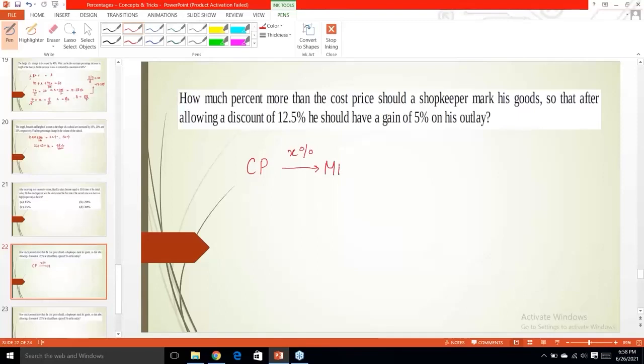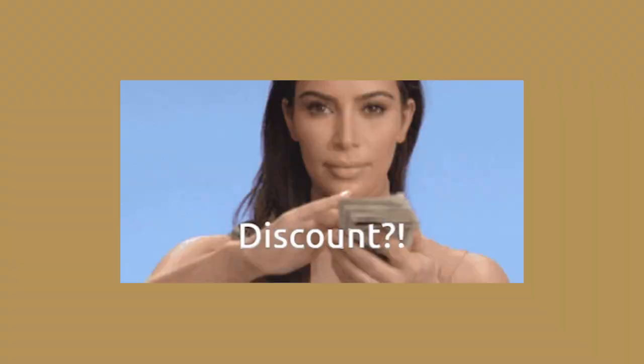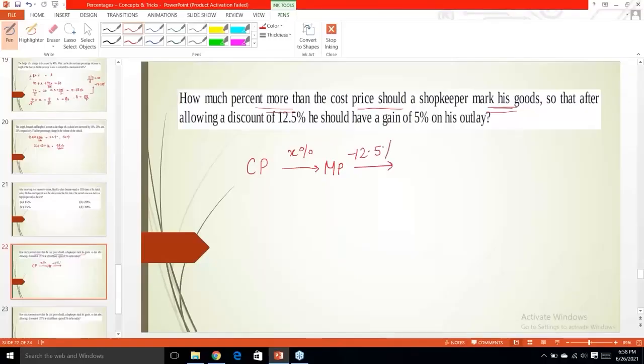When it says mark up, he should mark his goods above by how much percent. So let's say he marks his goods above X%, right? And then on the marked price, he gives a discount of 12.5%, right? And so finally he gets SP, right? And this change is given to you as 5%, right? Because he has a gain of 5%.